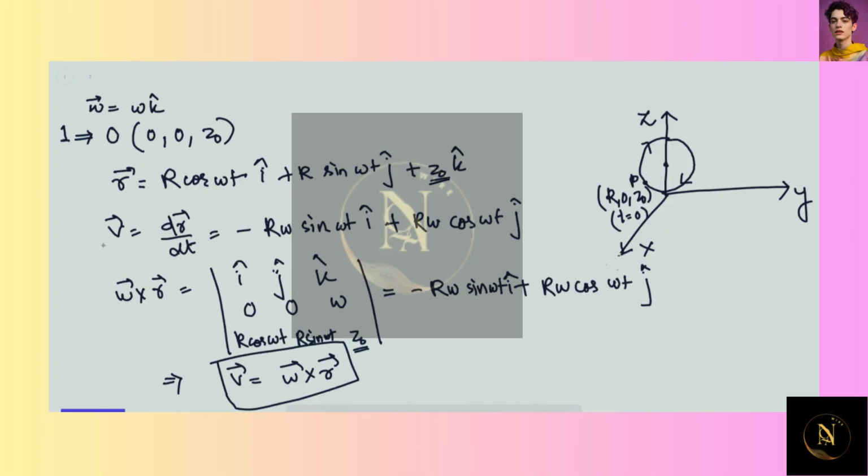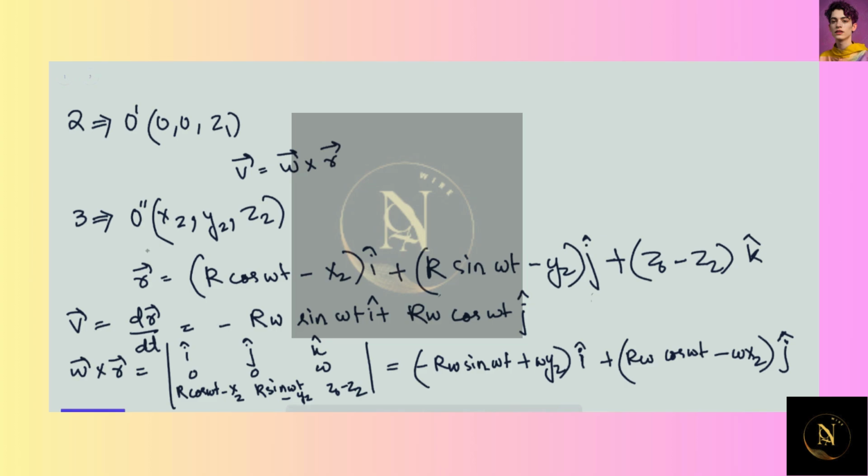Therefore, the expressions for v vector and omega cross r vector will still be the same, and therefore this condition will still hold.